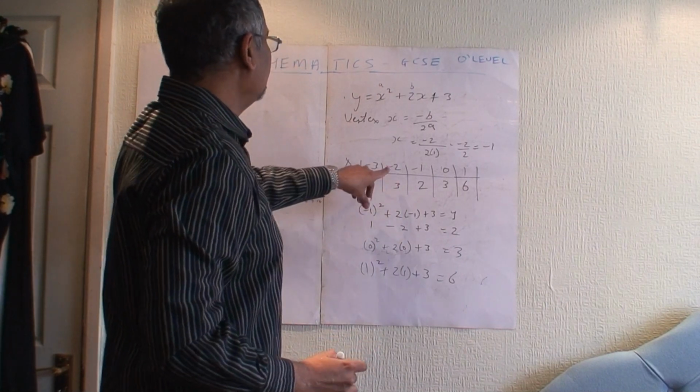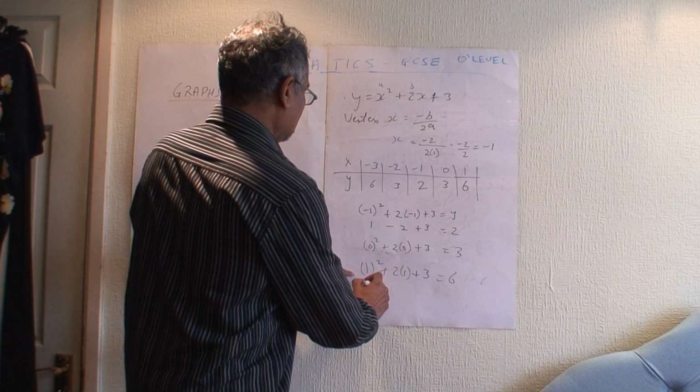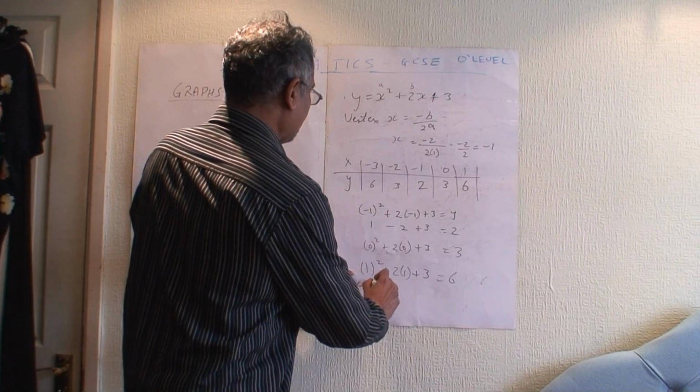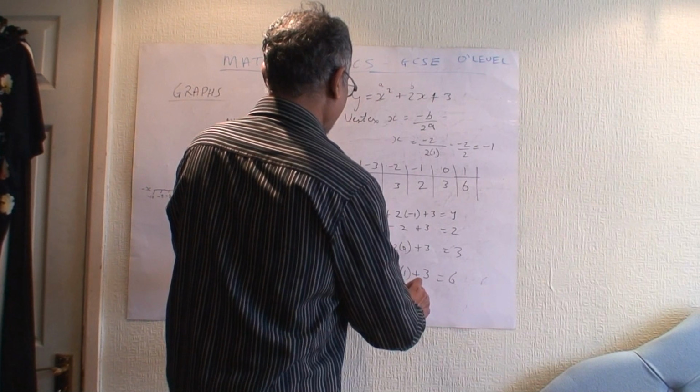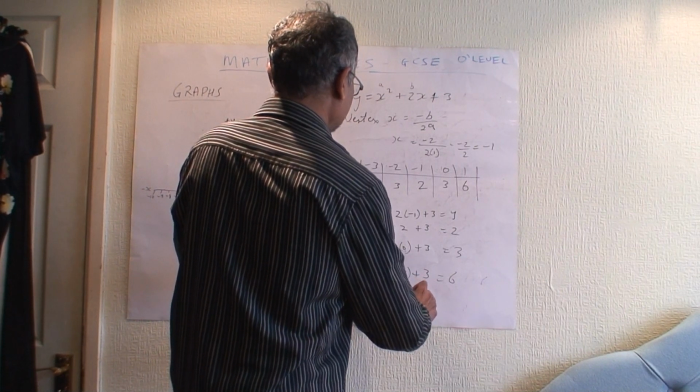So let's show it. Minus 2 squared plus 2 multiplied by minus 2 plus 3.